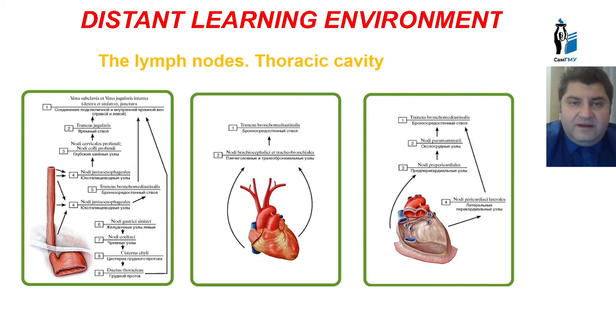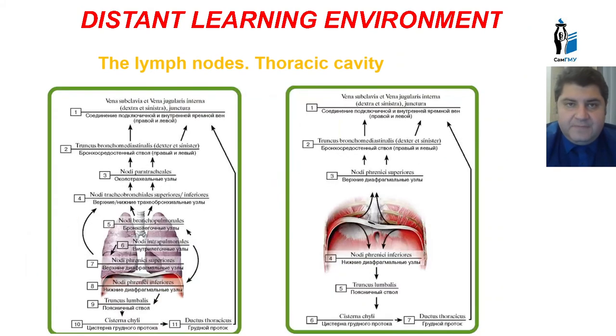From the heart, lymph passes to the bronchomediastinal trunk through the brachiocephalic and tracheobronchial nodes. From the pericardium, you may see in the right picture, lymph passes to prepericardial and also lateral pericardial lymphatic nodes. Next it passes to paramammary nodes, and after them it passes to the bronchomediastinal trunk and to the venous system.